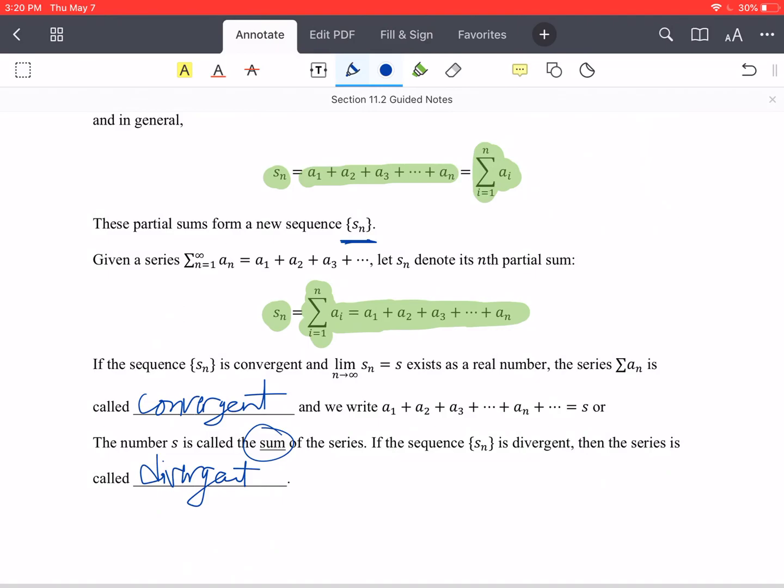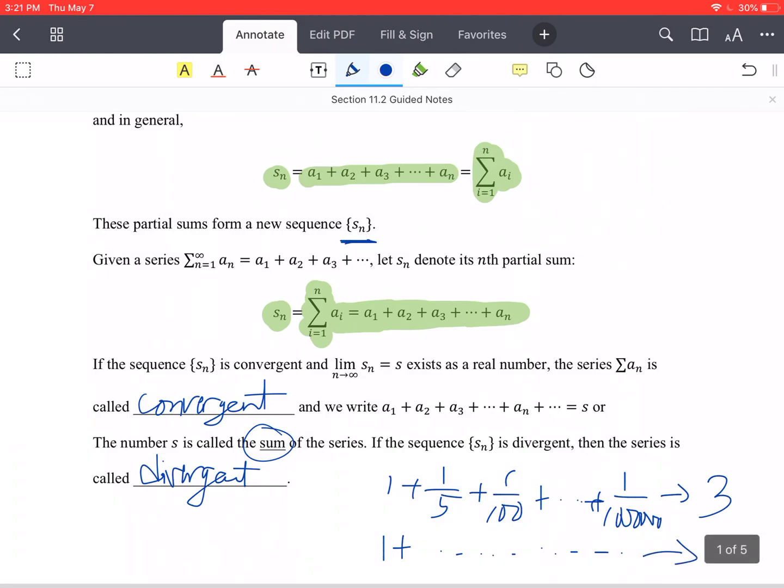Because that tells me, if I add up my first however many numbers, 1 plus 1/5 plus 1/100th, whatever the case may be, up to 1 over a million, if these all approach a value, say, 3, then that means that if I just kept adding all the way, eventually I would still be approaching 3, is in essence what's happening here.